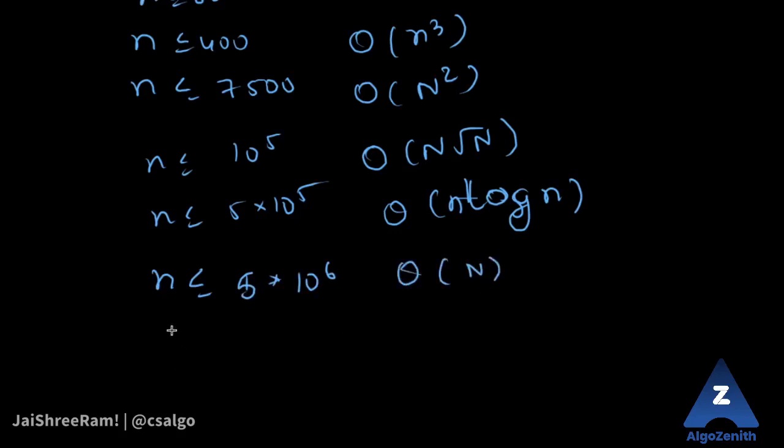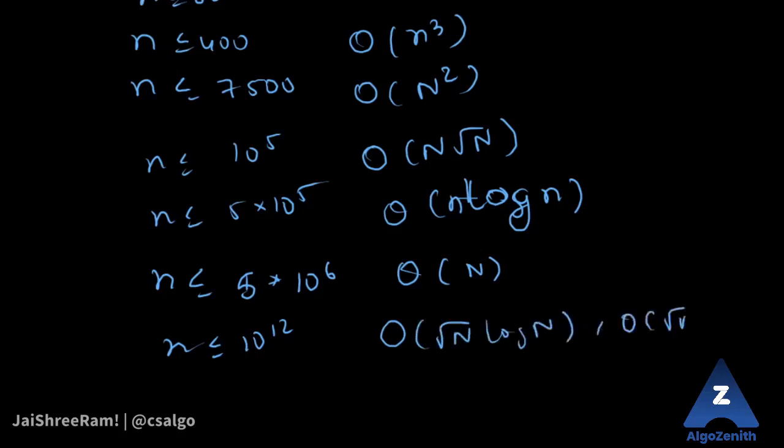Okay, if n is less than or equal to 10 to the power 12, that's weird, like how would we be able to do this? So it need not be exactly polynomial, right? There are logs, root n, so you can code something like root n log n, or even order root n passes, right? Something like these things passes in such solutions.